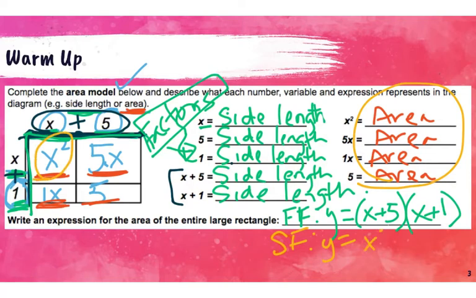Remember that the 1 can be invisible. And then 5x plus 1x gives me a total of 6x. And here I've got a positive 5. For some reason it looks like a negative because of those points I put there. Let me do that again. This is a positive 5. So I would have plus 5.